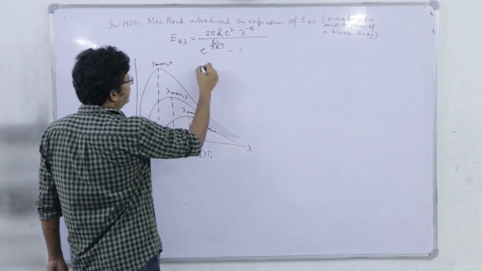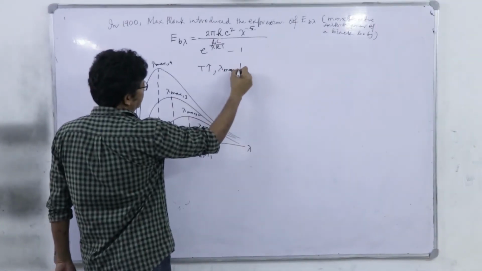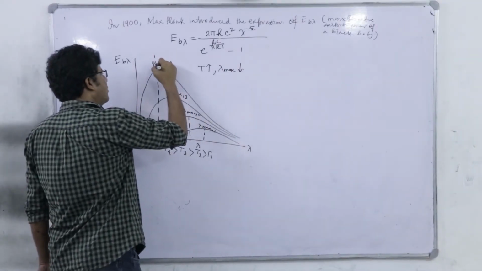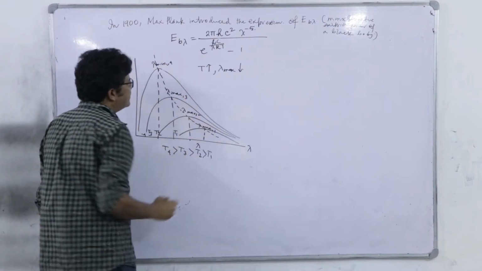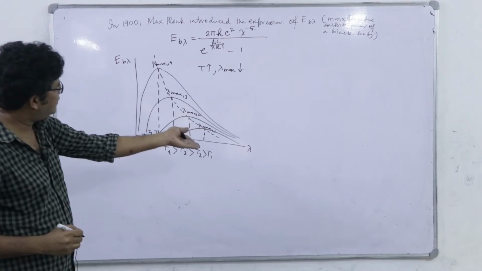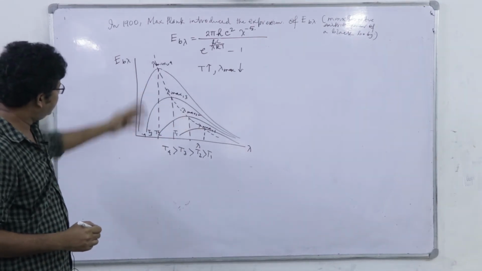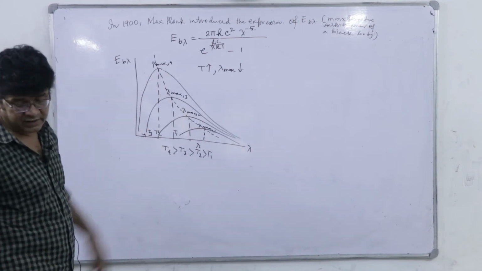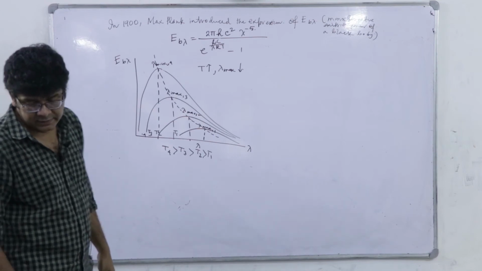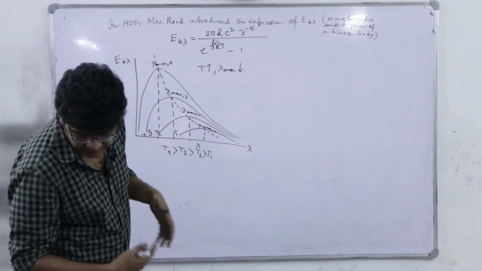So, with the increase of temperature, lambda max actually decreases, and we can think of a locus like this, along which lambda max shifts to progressively lower values with the increase of temperature.